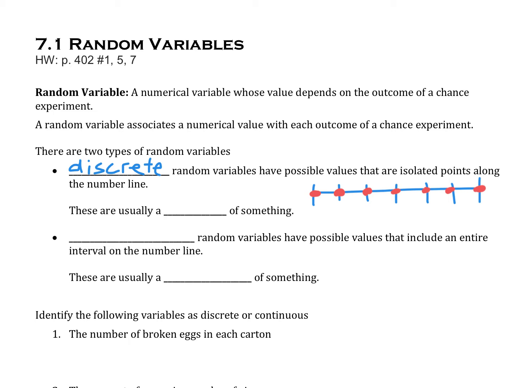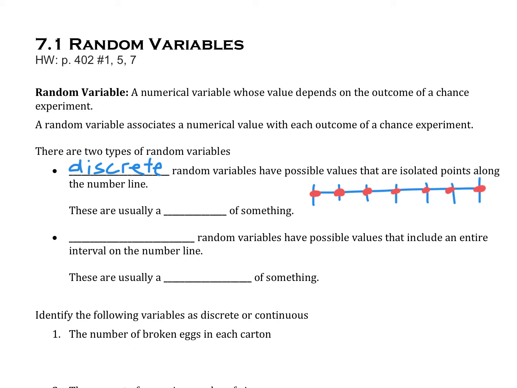It can occur at many different locations, but those locations are isolated from each other. Usually you find these by counting. So usually they are a count of something.